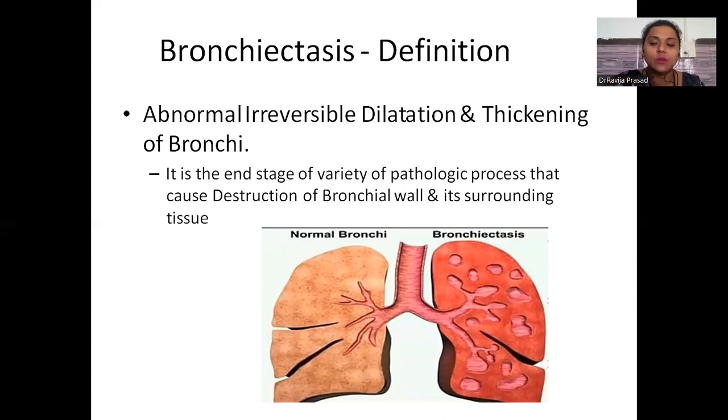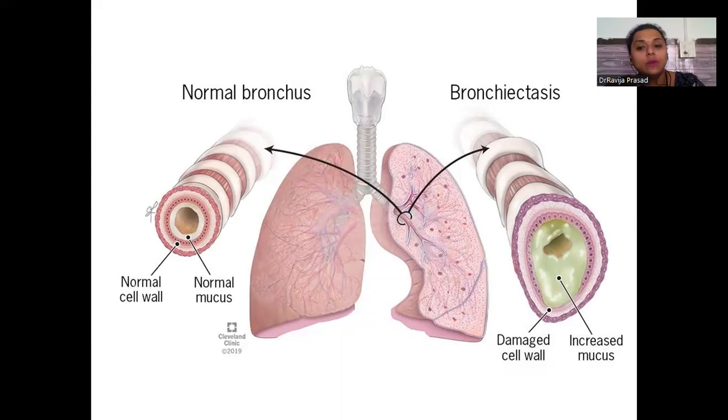This is the normal bronchial wall and this is the infected bronchus which leads to bronchiectasis. In the normal bronchi, as you can see, there is no dilatation, but here you can see the dilatation present, which is called bronchiectasis. Here the epithelial walls get damaged and there is increased mucus. In the normal lung the epithelial cells and mucus are normal, and there is no dilatation.